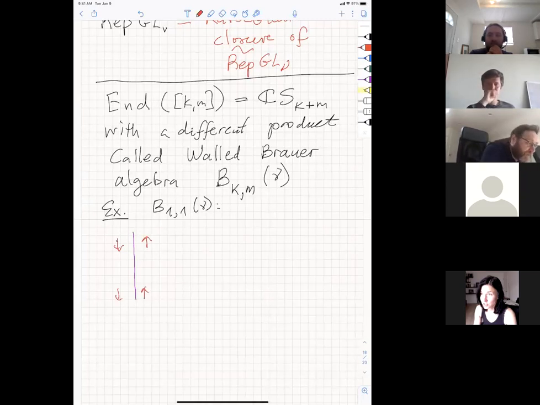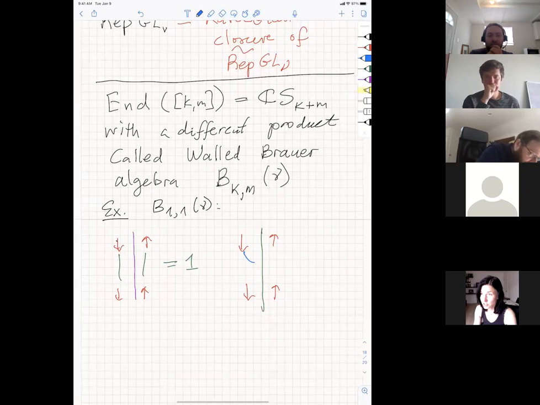So we have a two-dimensional algebra. We have this element, which is just one, but also we have this element, which I could call A.